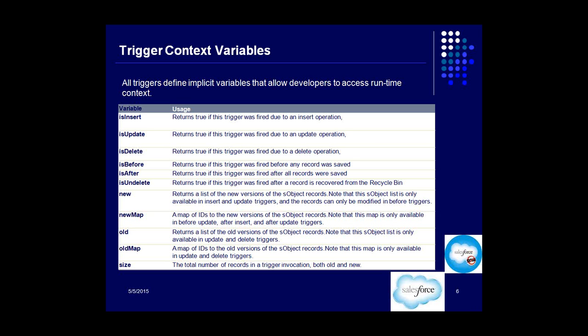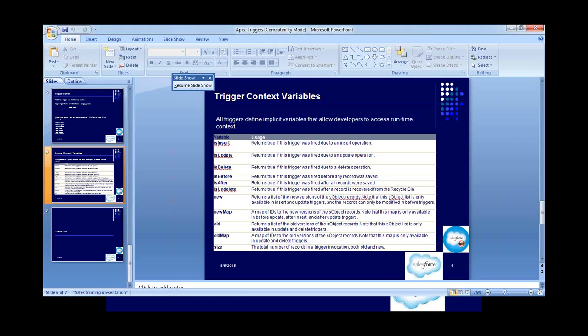So Trigger.size is basically the total number of records being processed through that trigger. If there are 50 records, Trigger.size will return 50. So this returns a number. So these are context variables. Now the moment we start using an example, you will understand this.